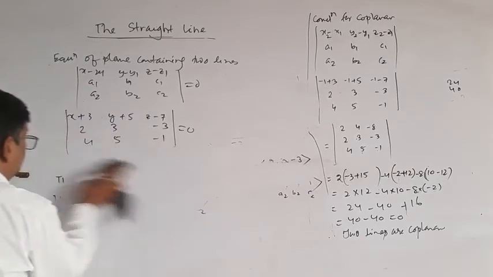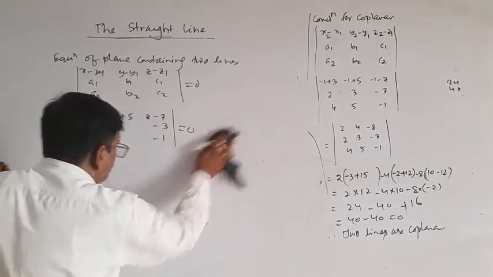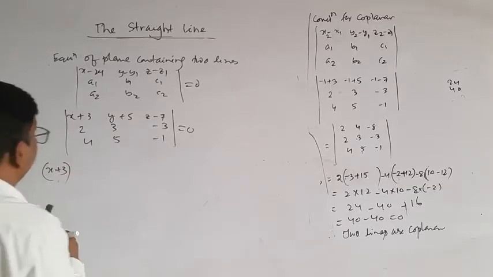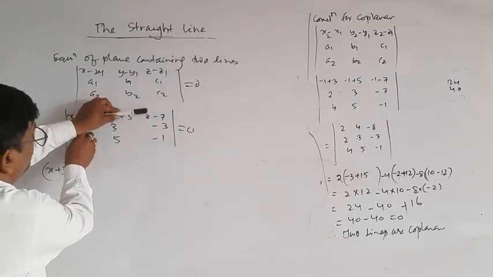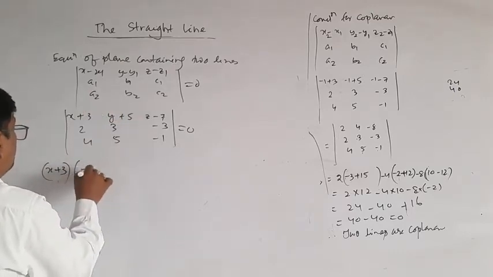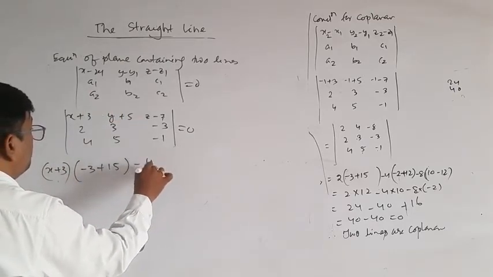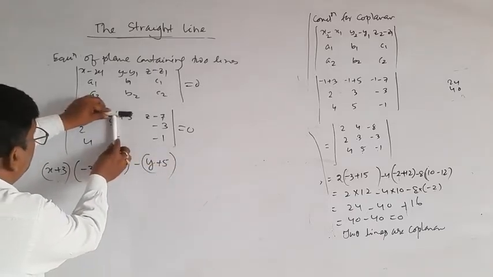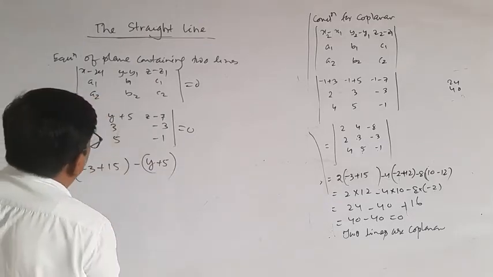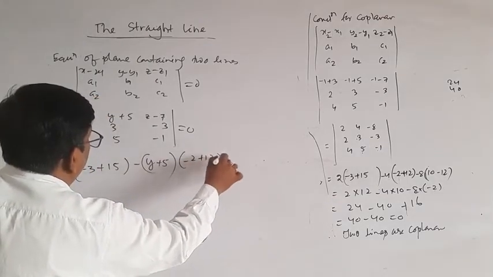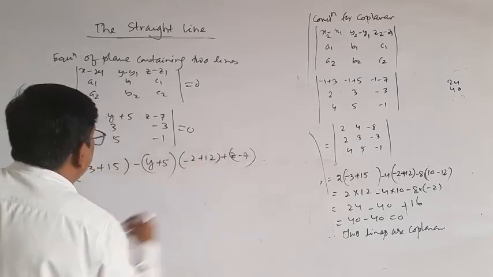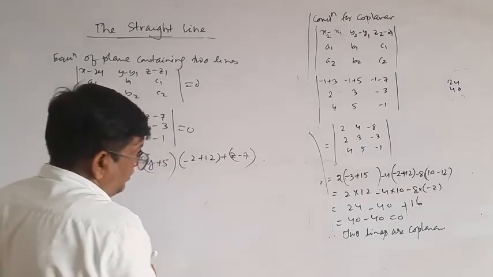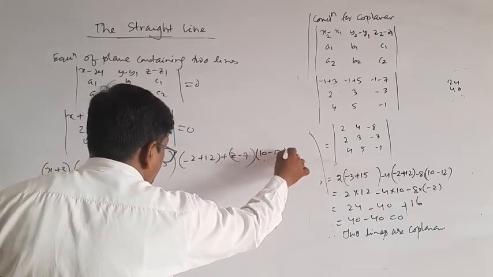That is x plus 3 into, cancel this, minus 3 plus 15, minus of y plus 5 into, cancel this, minus 2 plus 12, plus z minus 7 into, cancel this, 10 minus 12.